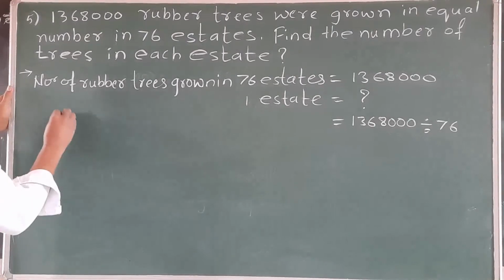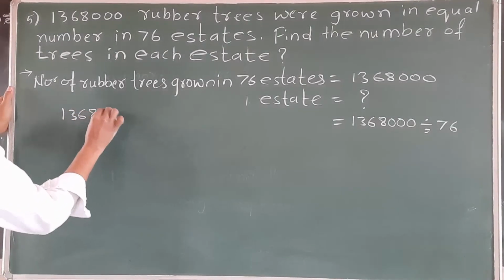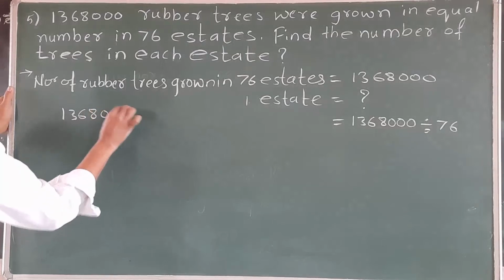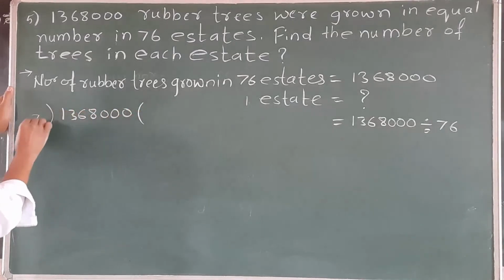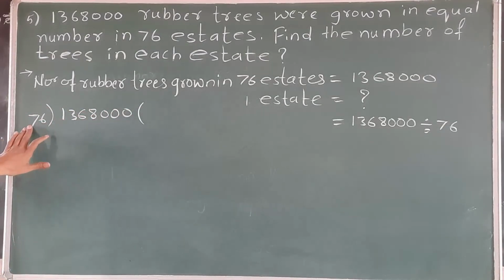Now we will divide 1368000 by 76. These are the total number of rubber trees, and these are the total number of estates. If we divide the number of trees by the number of estates, then we will get the number of trees in one estate.